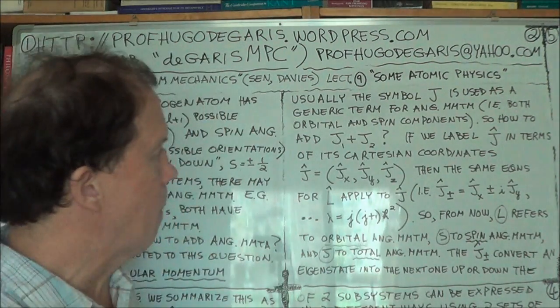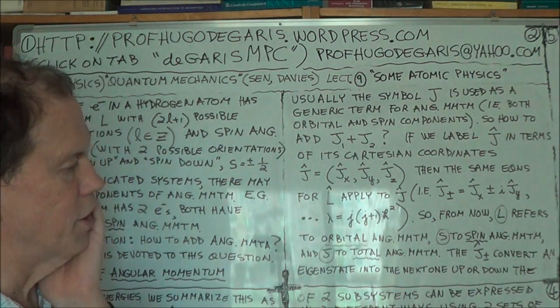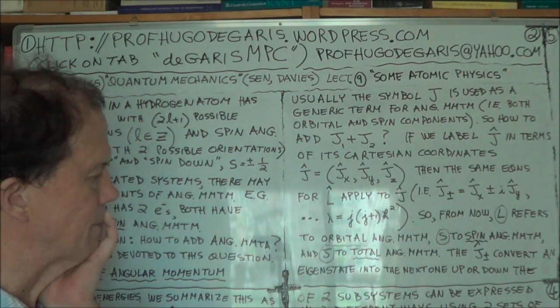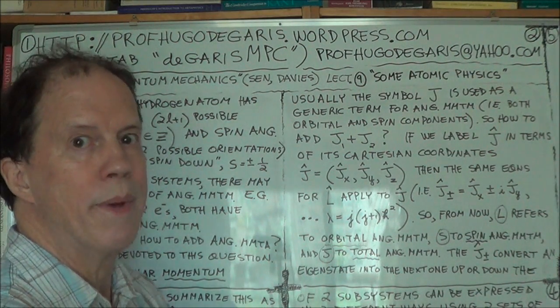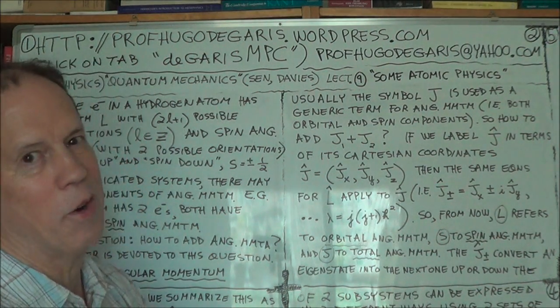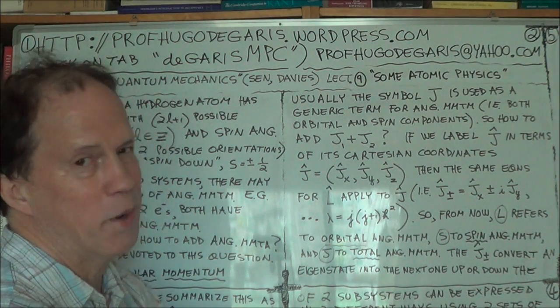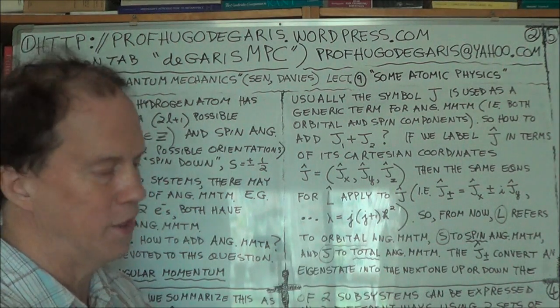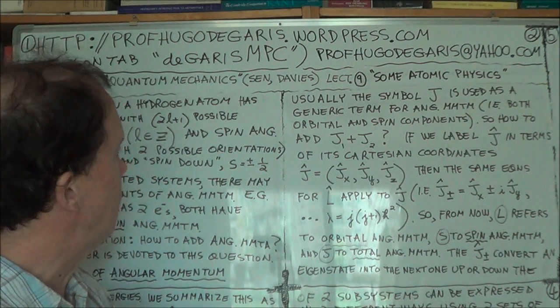So this chapter will be an introduction to how to add two angular momenta in quantum mechanics, and even at undergrad level, it gets pretty tough, as you'll see in future sessions.